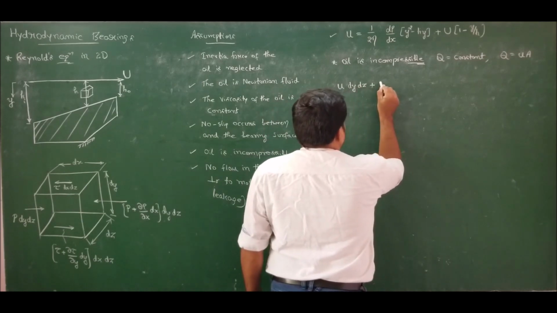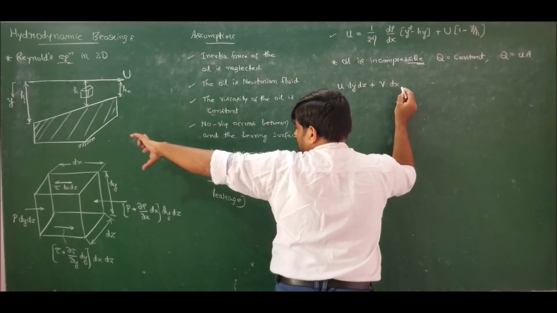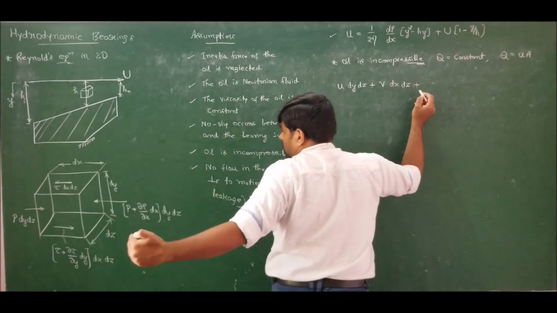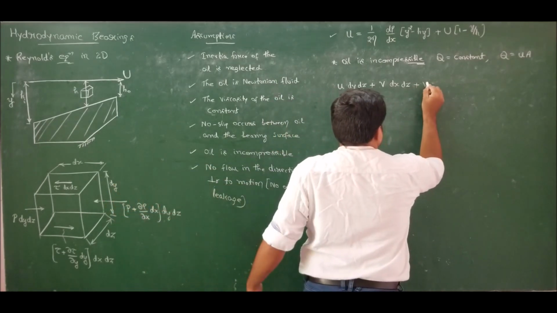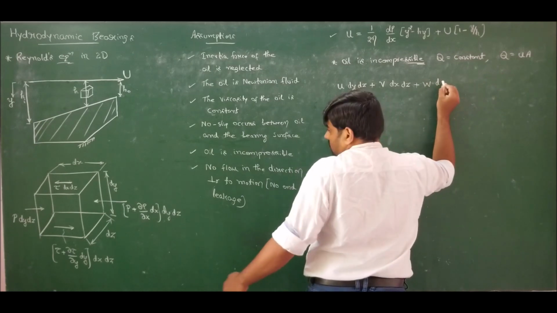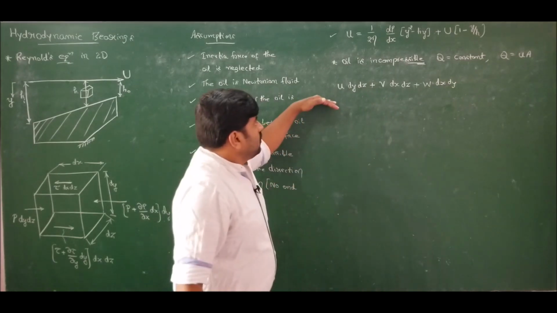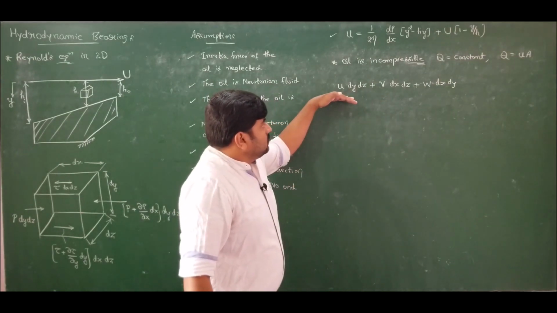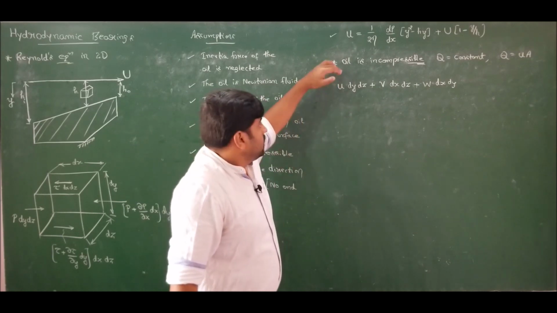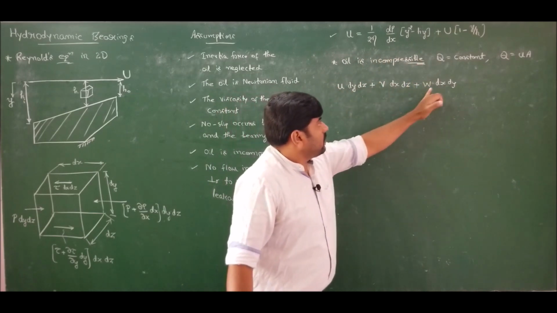Let v be the velocity in y direction, area will be dx dz, and let w be the velocity of the fluid entering the element in z direction, area will be dx dy. So this is the volume flow rate of fluid or lubricant entering the element in x direction, y direction, z direction. Velocity times area, velocity times area, velocity times area.